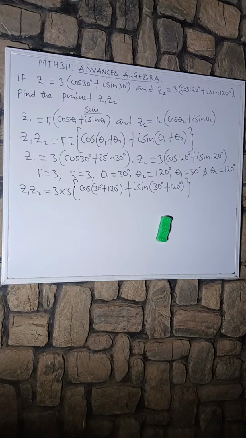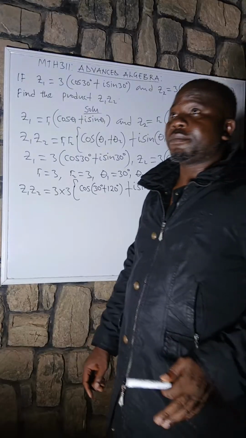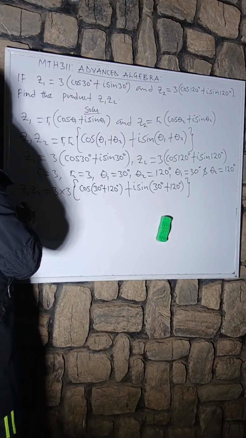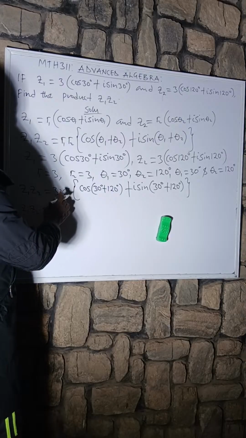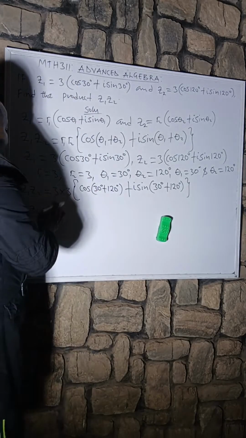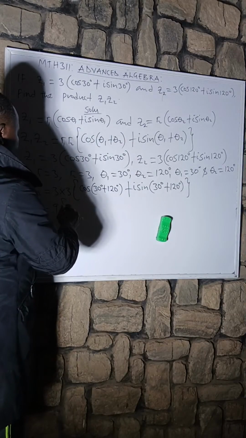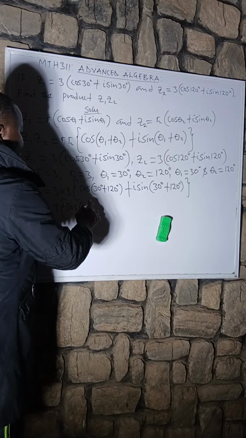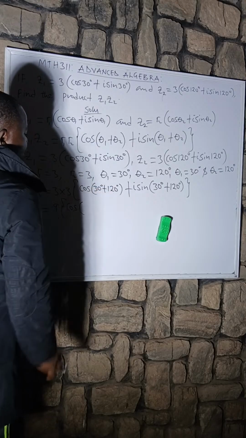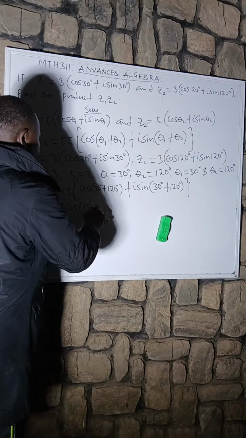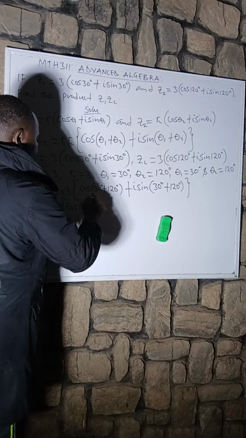Okay, so let's proceed. At this point, what we need to do here is, our Z1 times Z2 is equal to 9 open bracket cos 30 degrees plus 120 degrees is 150 degrees, right?